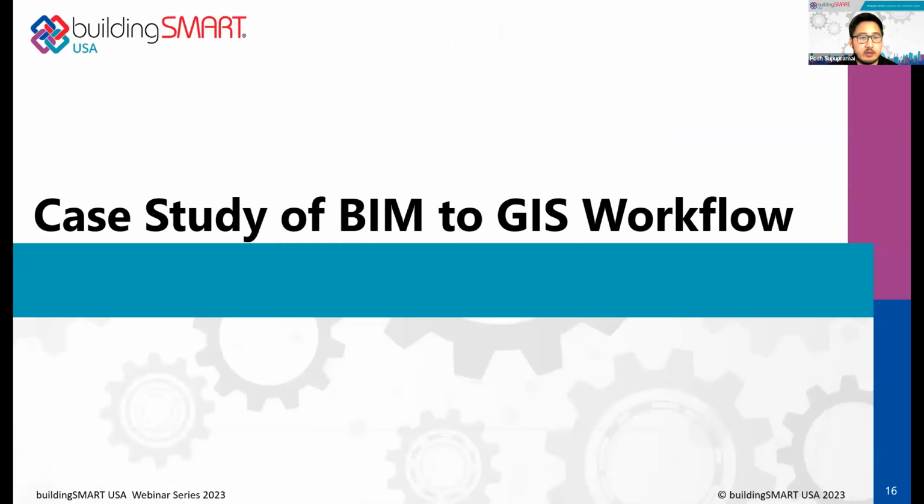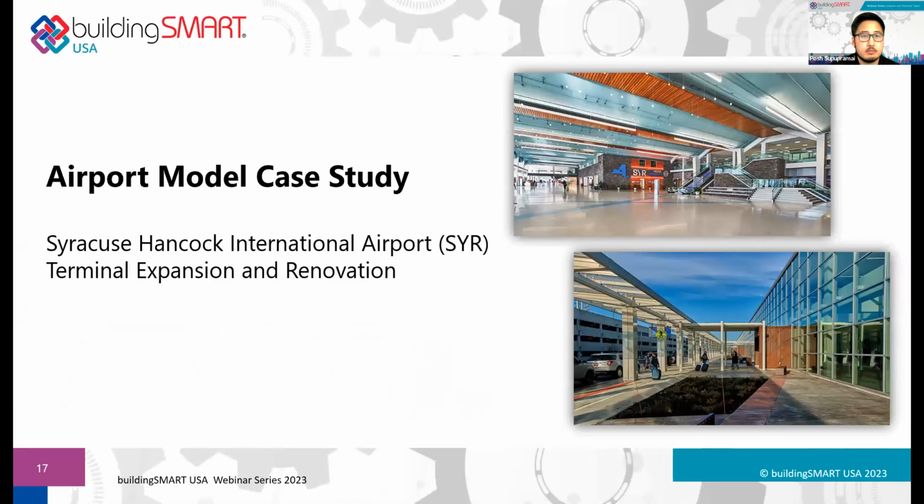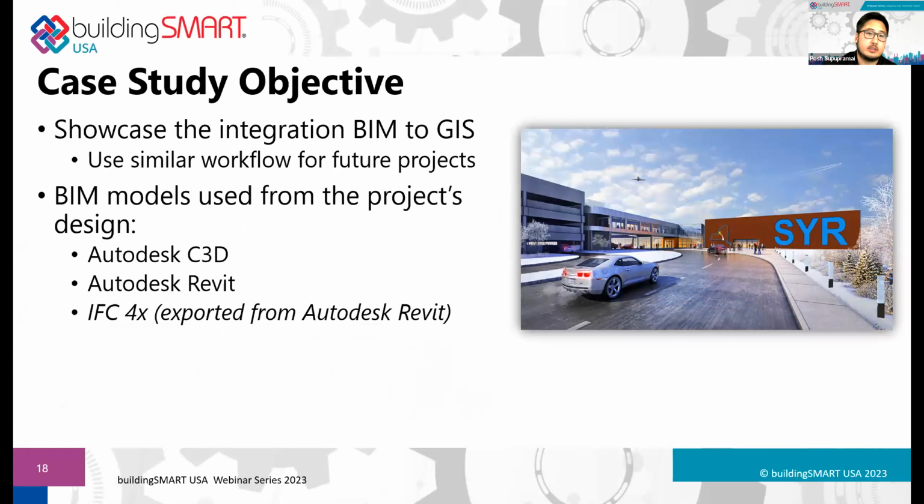Moving on to our case study of BIM to GIS. For our airport model case study today, we have the Syracuse Hancock International Airport Terminal Expansion and Renovation Project. The objective for this BIM to GIS workflow is so we can show that we can easily integrate BIM models in GIS, and we can use this workflow for future projects.